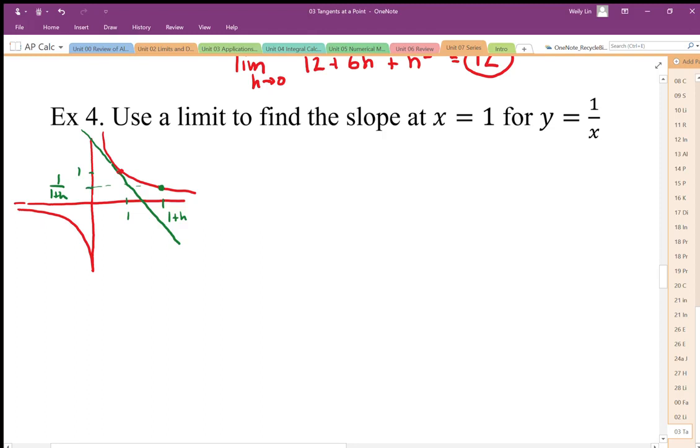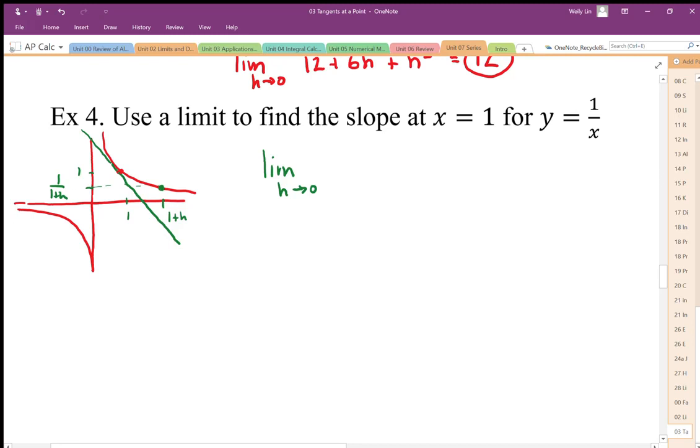Okay, so then we're going to do y1 minus y2. We're going to do the limit here, so limit as h goes to 0. What's this going to look like?